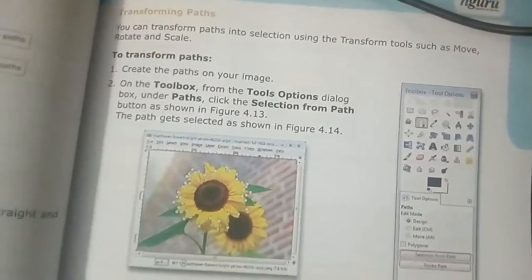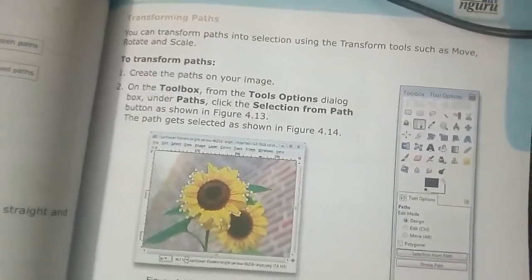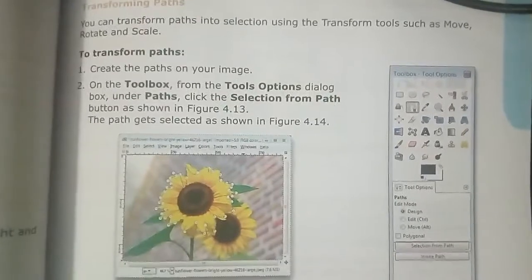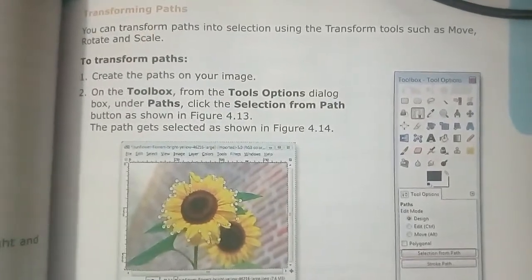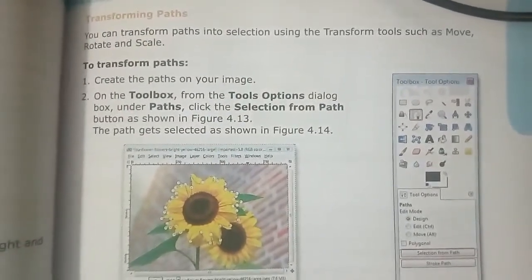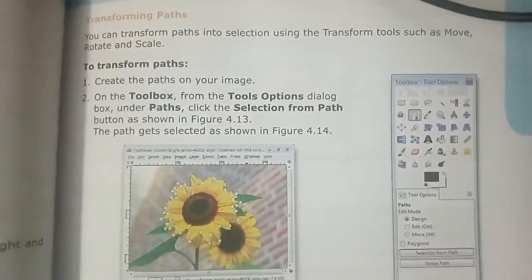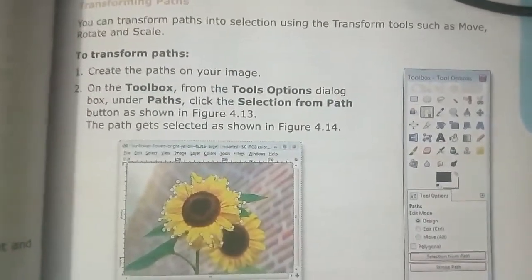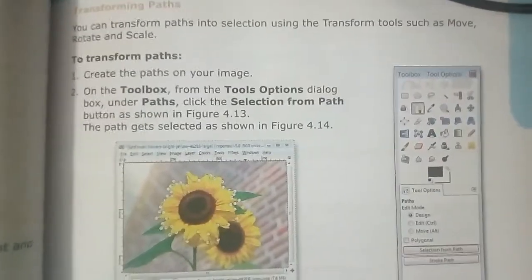So how will you create the paths on your image? First you have to open the image and then create the paths, and then from the tool options dialog box, which you will get in the toolbox, under paths, click the selection from path button.